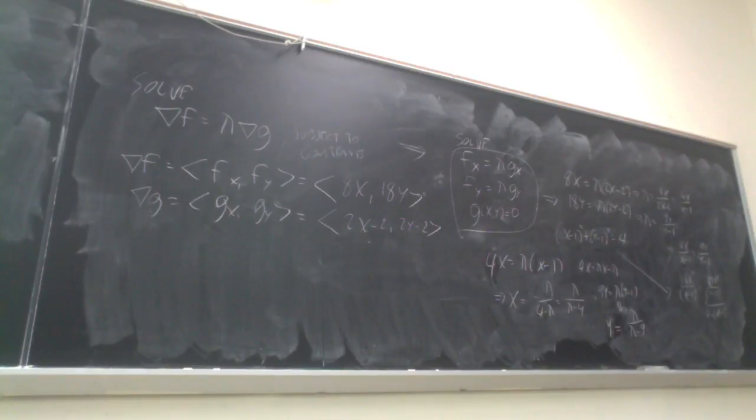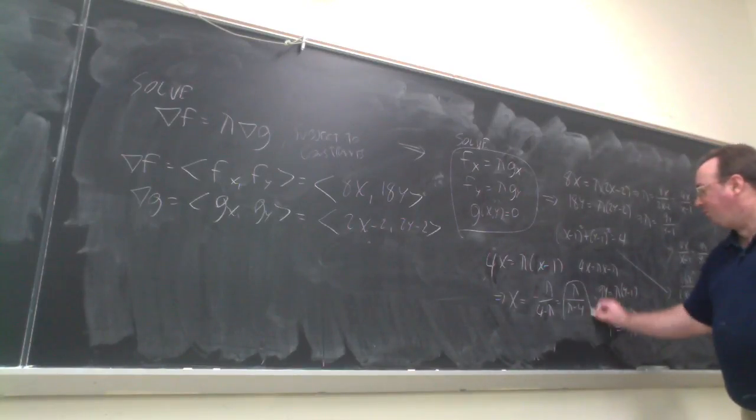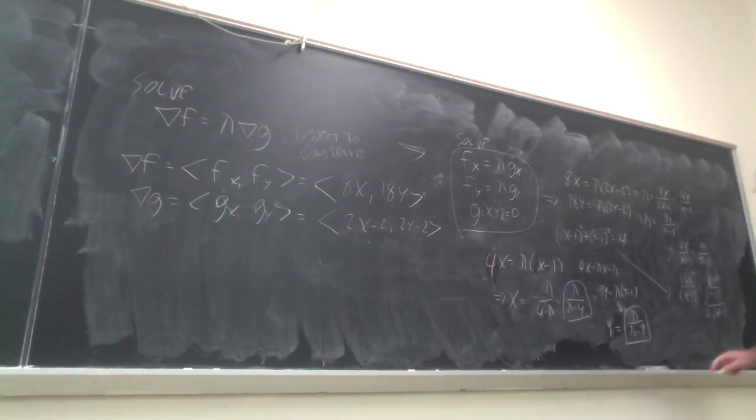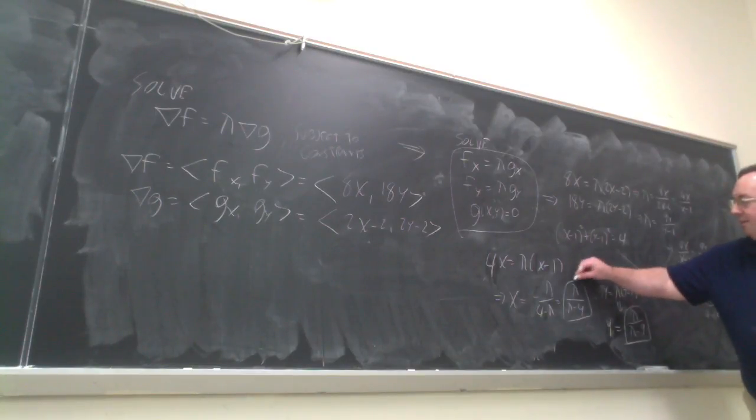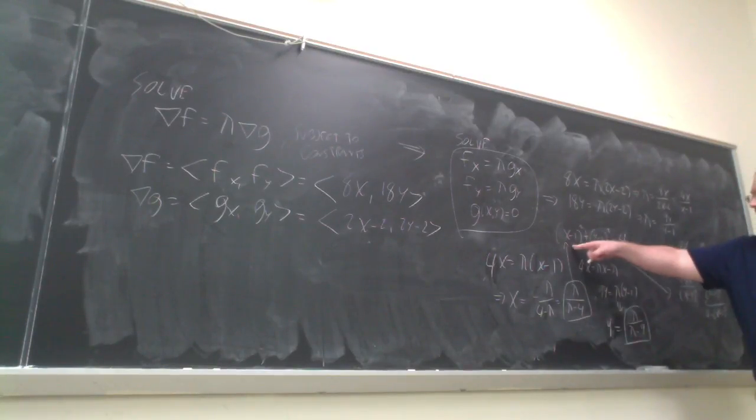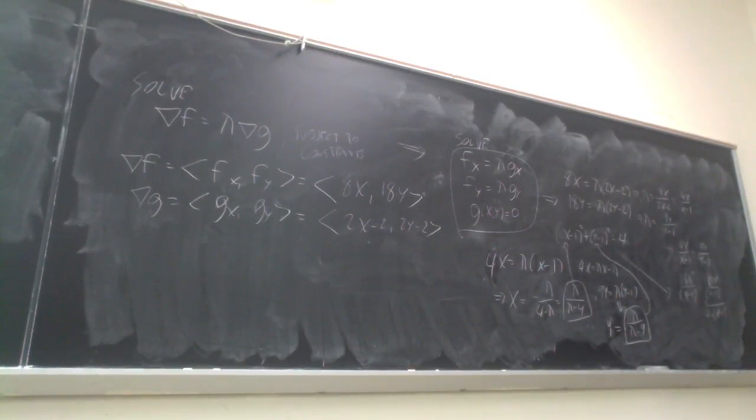And so now, since you have an expression for x and an expression for y, and that came from these two equations, then you can use the only equation that we haven't made use of yet, this one, to try to make some headway on solving for lambda. So now you can take this and substitute it in for x, and take this and substitute it in for y.